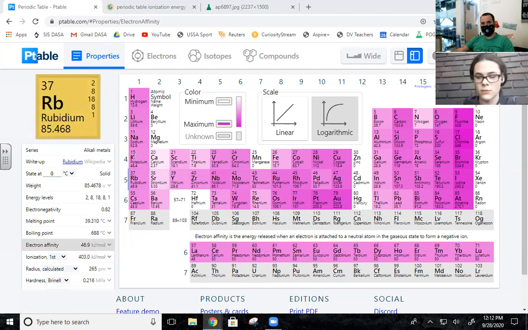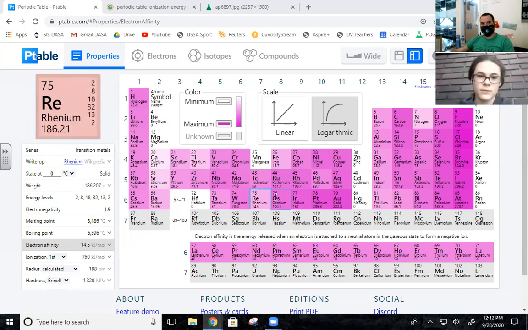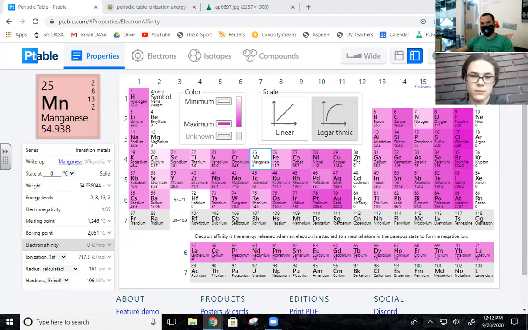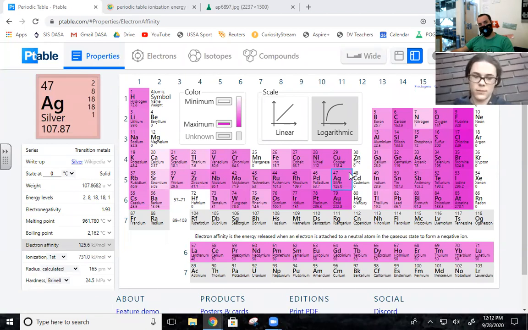And if you go to the periodic table, you'll see that the electron affinity is generally positive. There are some negatives or some zeros.